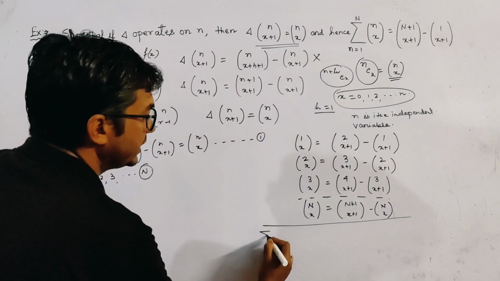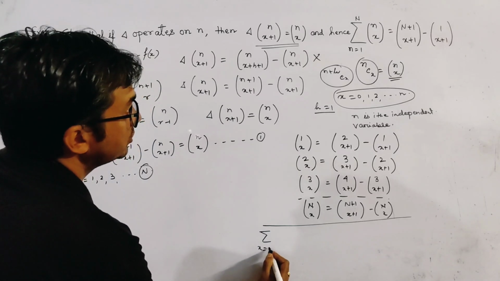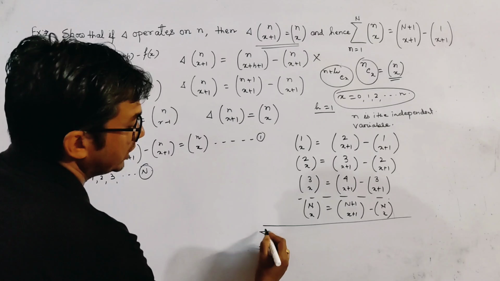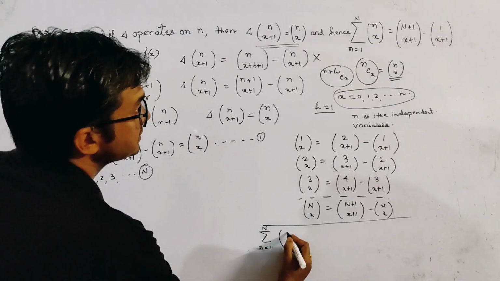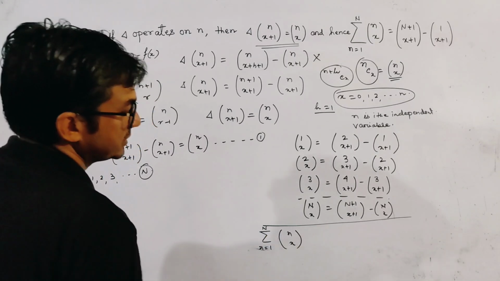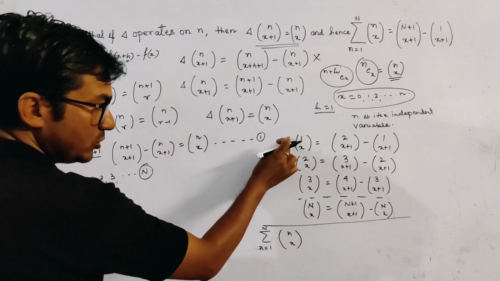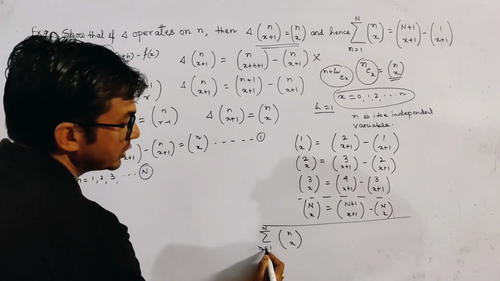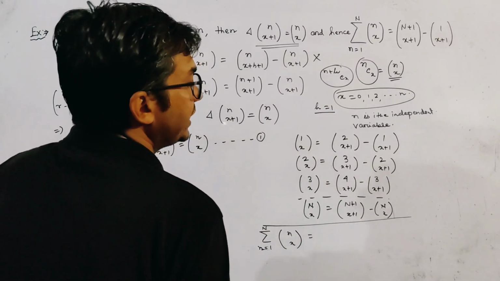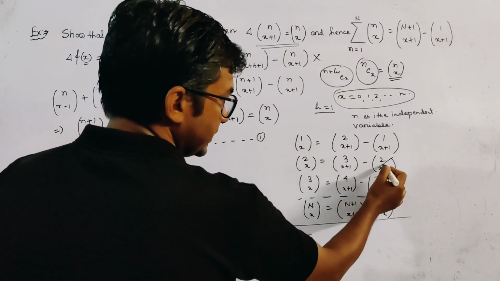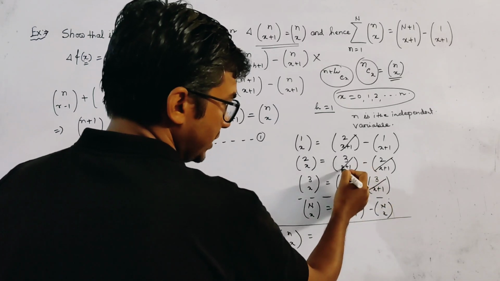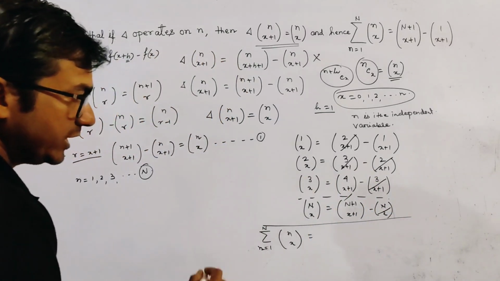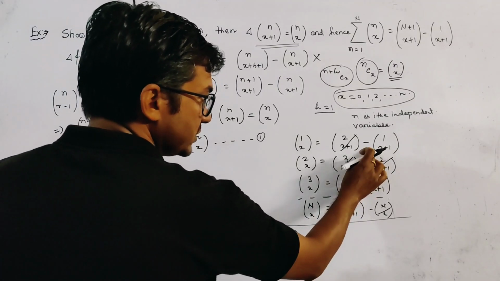we get the left side equal to the summation from n equal to 1 to capital N of nCx. On the right side, the terms cancel out one by one, so we get the last term minus the first term.